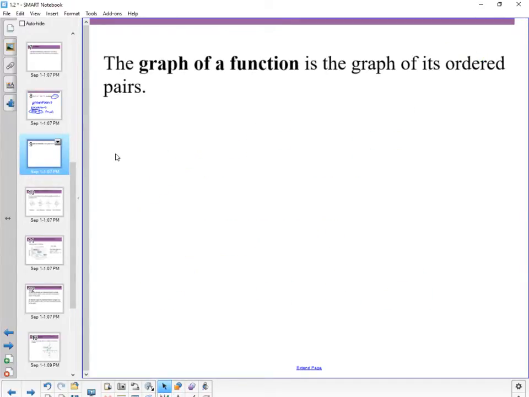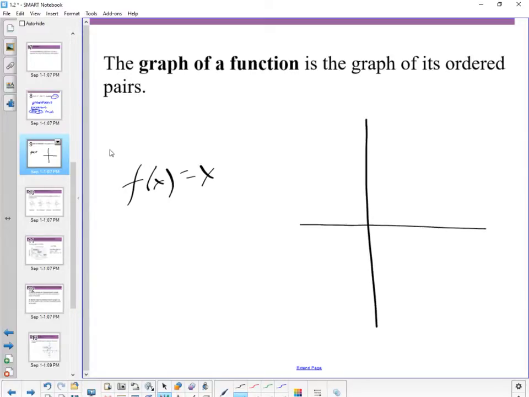The graph of a function is the graph of its ordered pairs. Even though when we graph something, like let's say we were graphing y equals x. Actually, let me change that. If we were graphing f of x equals x, what do we usually call this?